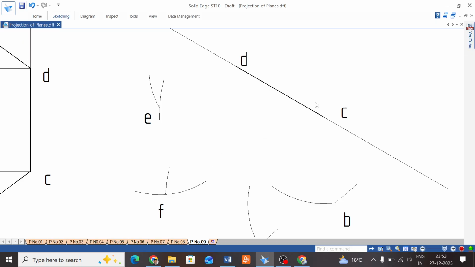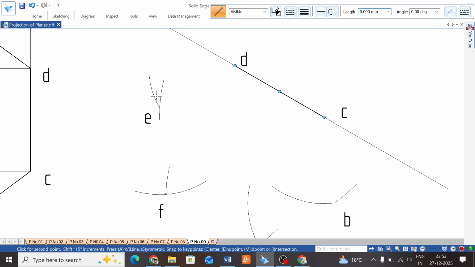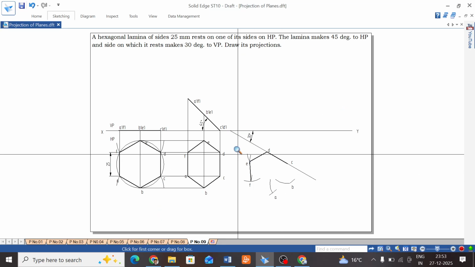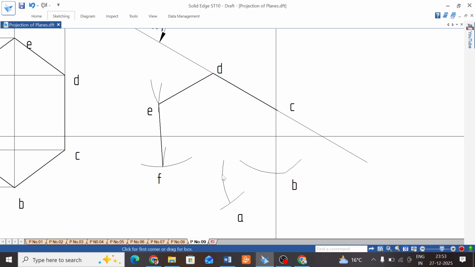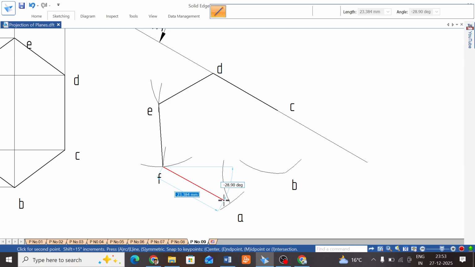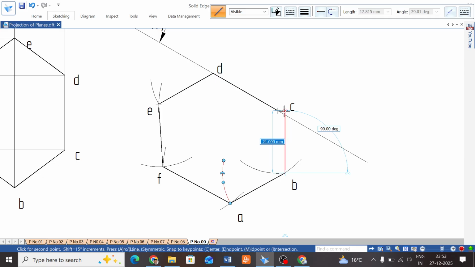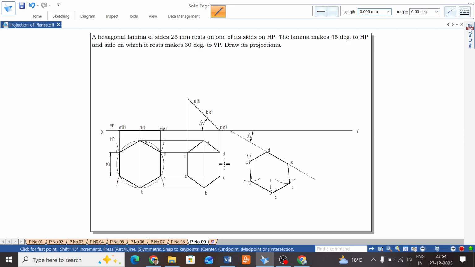The thick line starts with D, to this E, to this F, then next point is A, next is B, next is C, to the C end point. Okay, hexagonal lamina, same we have redrawn.